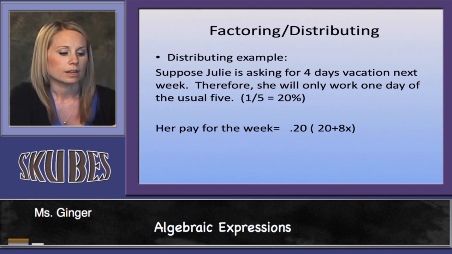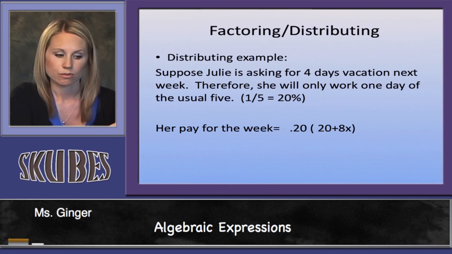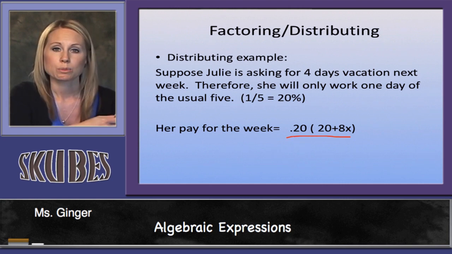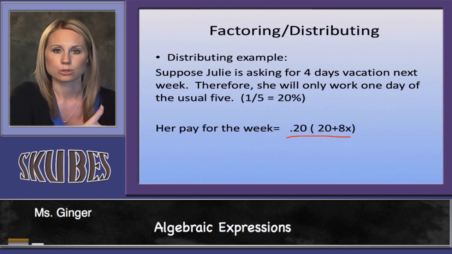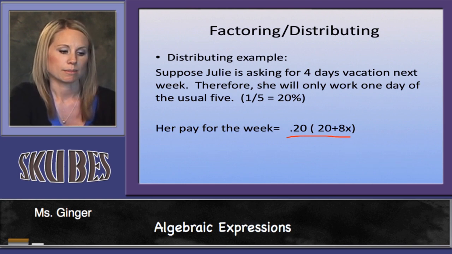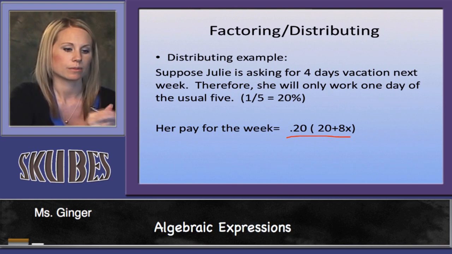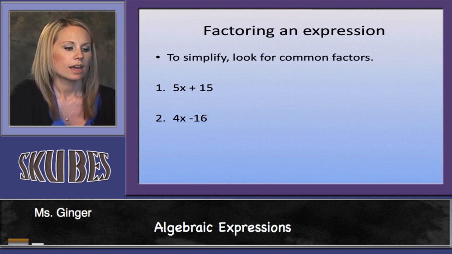So we would put in either 1/5 out front or 0.2, 20%, which is the equivalent of 1/5, times the same expression. And so for x, we would put her normal weekly hours worked. And that would give us the amount she would be making that week once we multiplied.